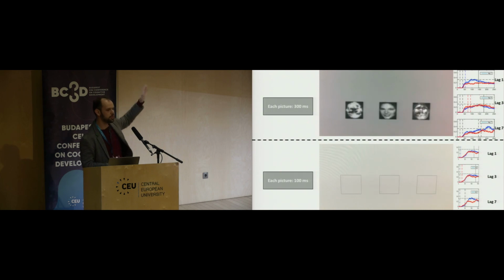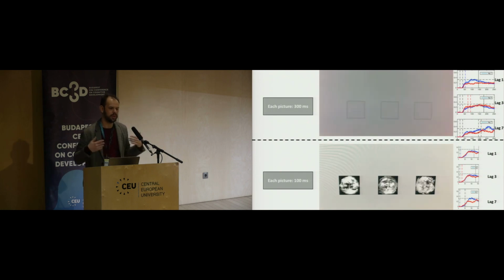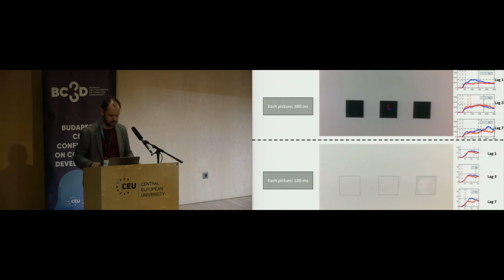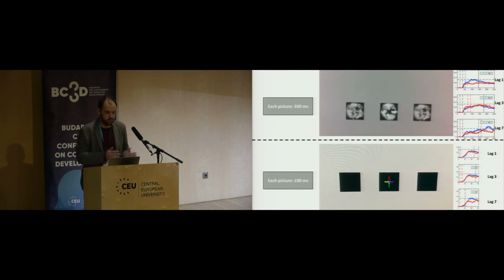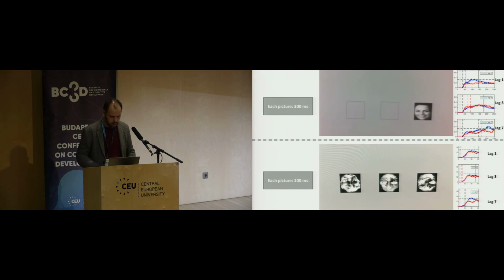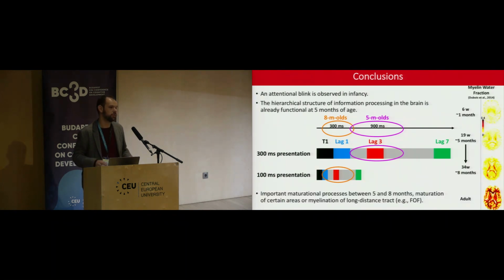So it's much, much faster. And that suggests really a huge acceleration of information processing, at least visual information processing, in between 5 and 8 months. So at this point, the next step is to try to understand what's changing between 5 and 8 months.